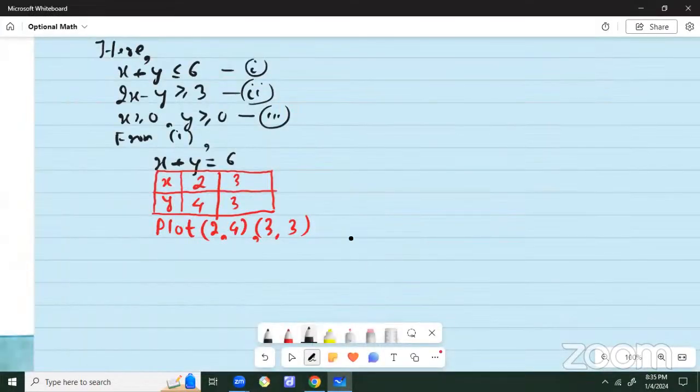Let's try finding the boundary line for the second equation as well, and we can check later. From the second, the boundary line will be twice x minus y equals 3.